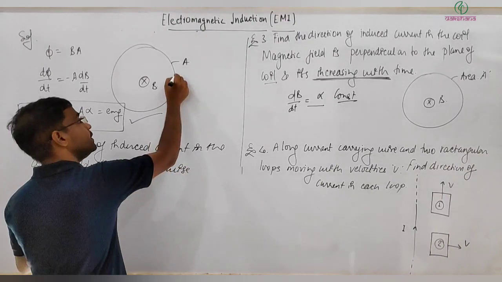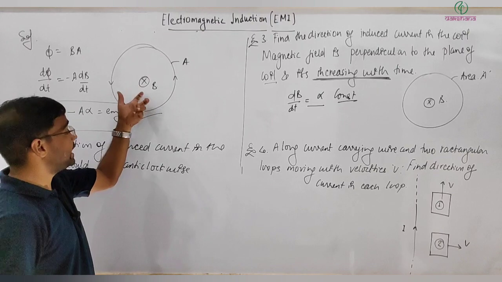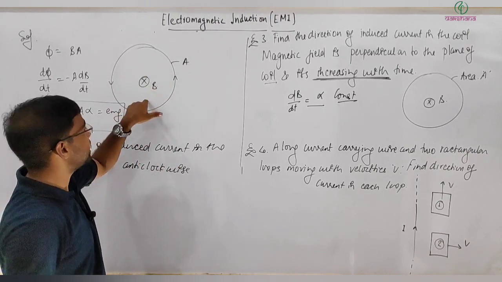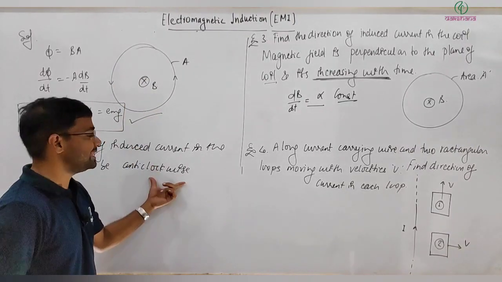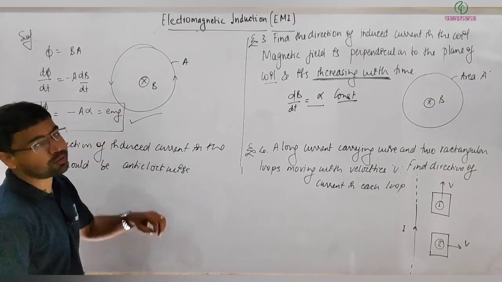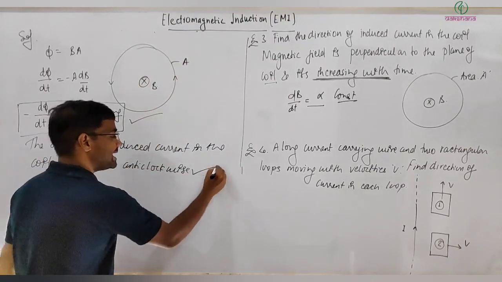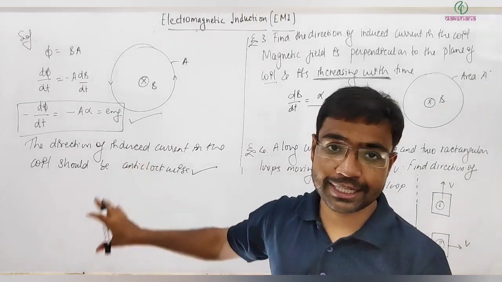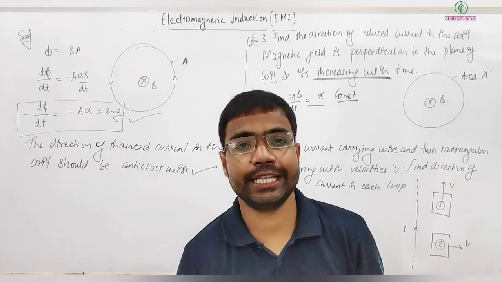If the direction of induced current in the coil is anti-clockwise, then the flux due to this current will be outward and it will oppose this magnetic flux, and that's exactly what Faraday's law says. So that's how we get the direction of current induced in this coil, and that's your answer. I hope you understood how we find the direction of induced current in the coil.